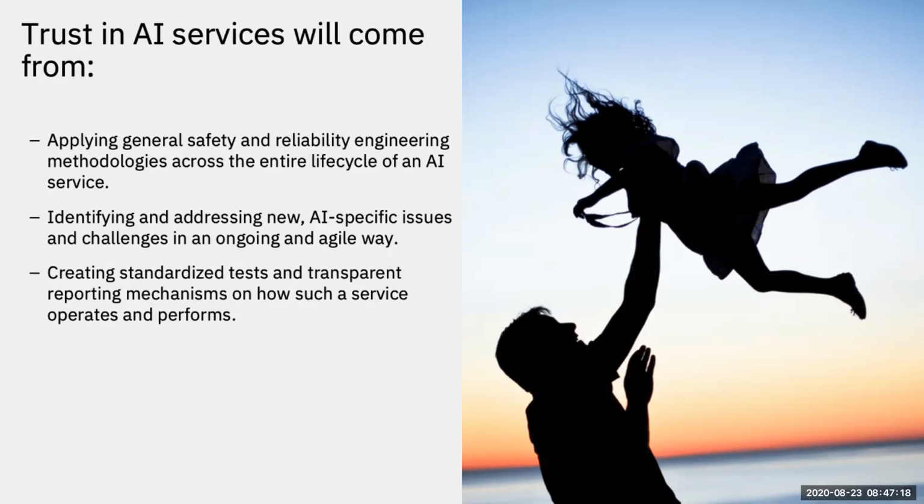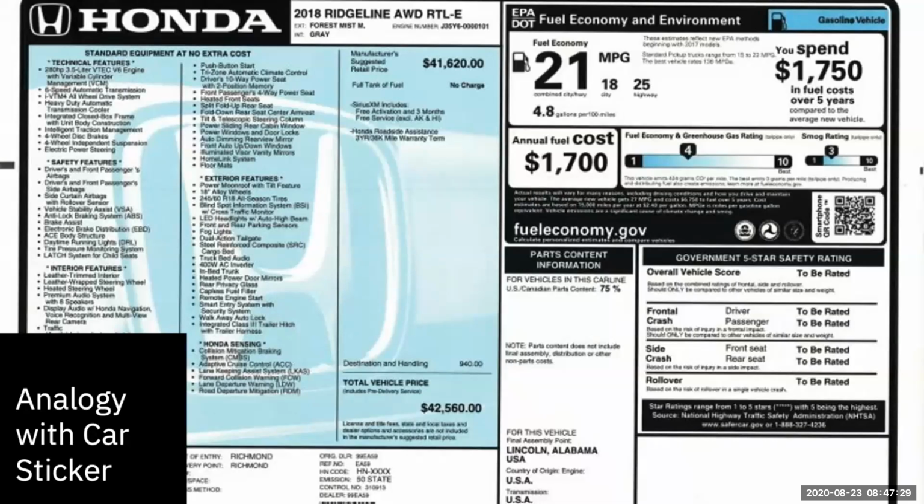But there's a third thing that we can do, and that's creating standardized tests and transparent reporting mechanisms on how services operate and perform. And this is not a new idea. For lots of safety critical systems, there have been fact sheets that get produced.